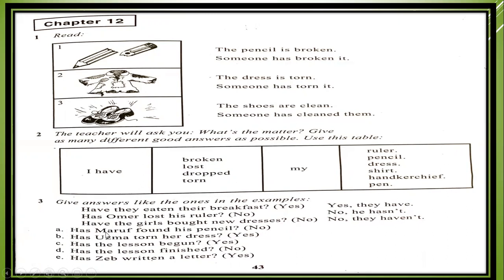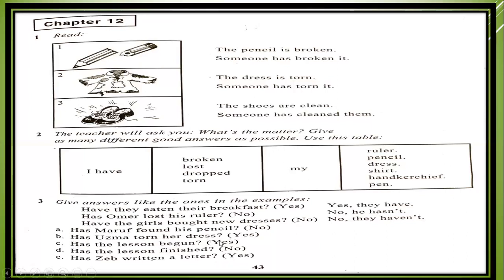No. In place of Maruf, we use the pronoun for the boys, and it's he. No, he has not found his pencil, or no, he hasn't. You write hasn't, the contracted form of has not, like this: H-A-S-N, then apostrophe, or you can say the comma at the top, then N, then T.